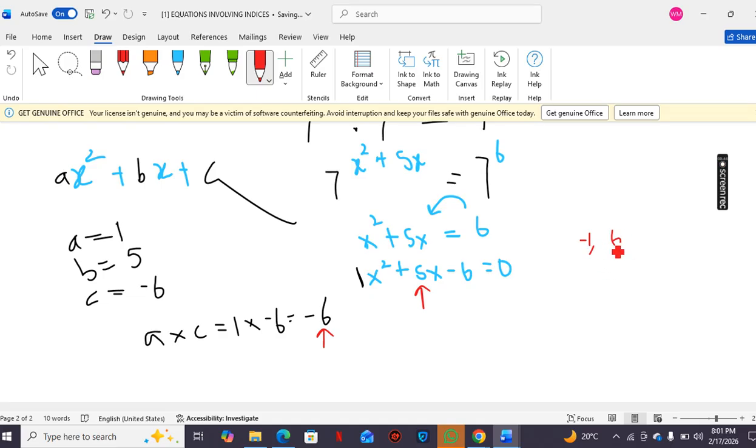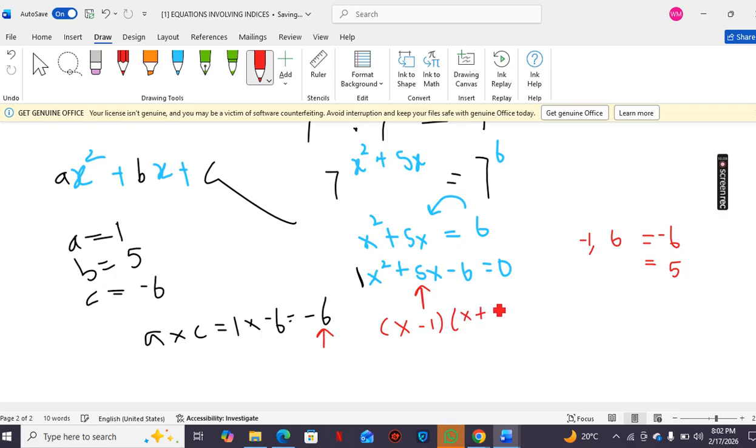Negative 1 times 6, you get negative 6. Negative 1 plus positive 6, you get 5. So our quadratic equation becomes x minus 1, x plus 6.